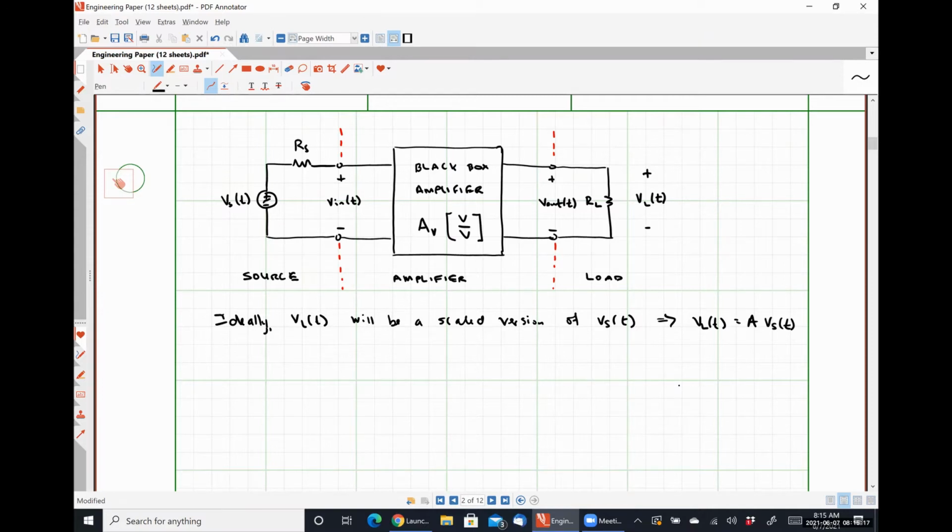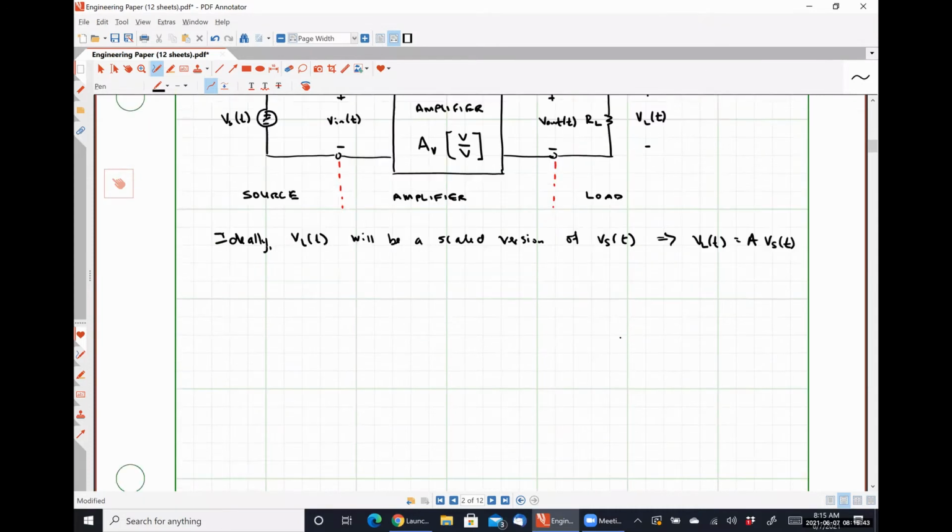In truth, there are voltage sources connected to it that are not the source, meaning that there are power supplies, connections, and all that kind of good stuff. But from the perspective of the source looking in, all we're really going to see is what's called the input resistance of the amplifier, okay? So if we look in, we see an input resistance.